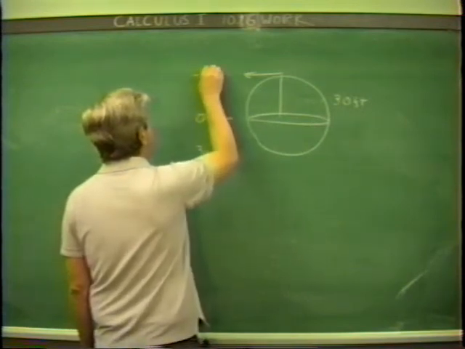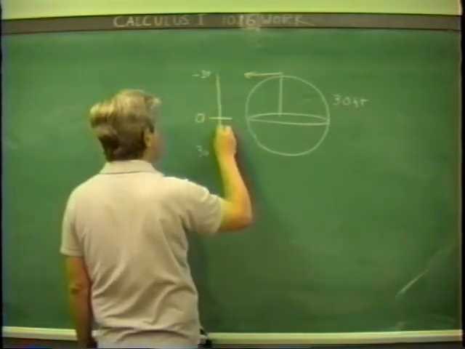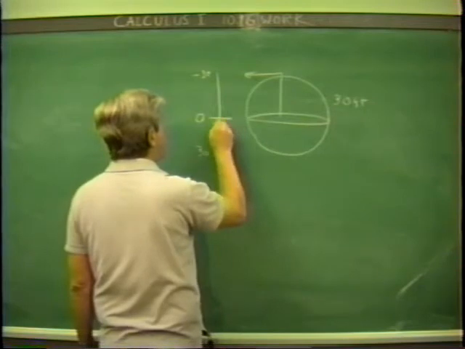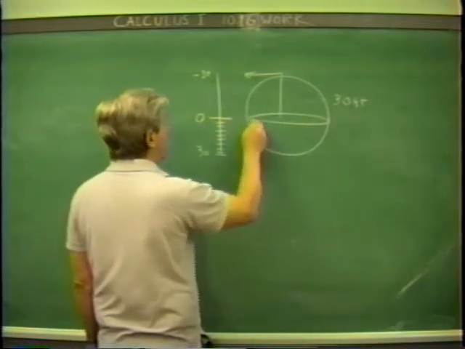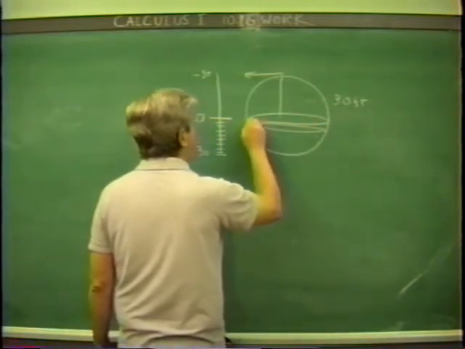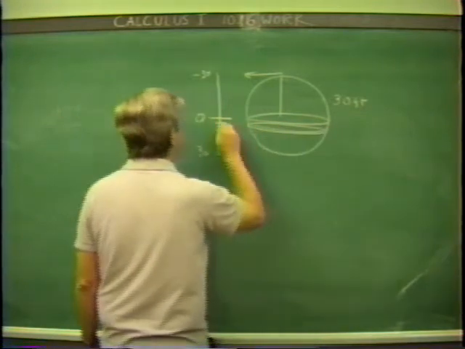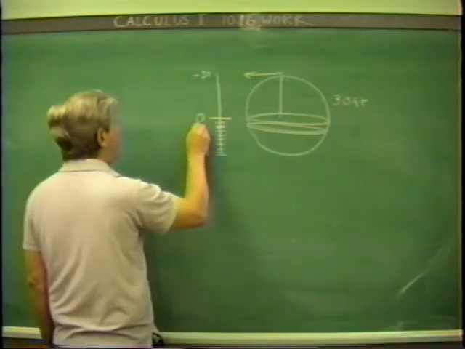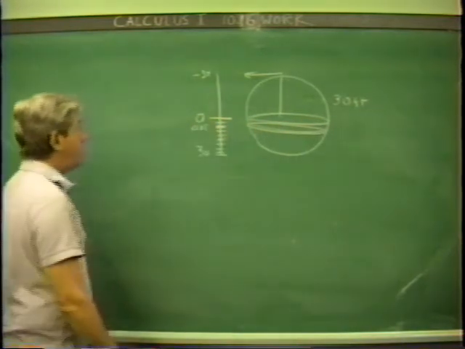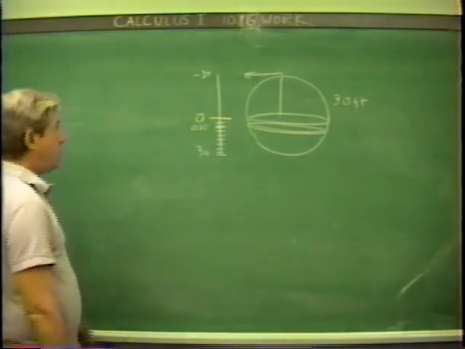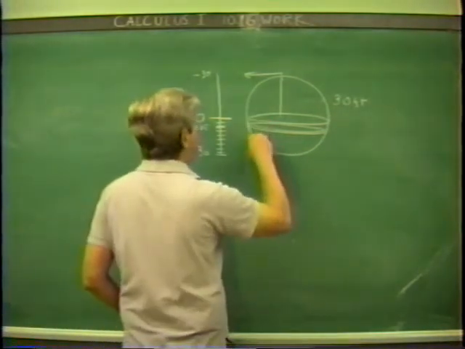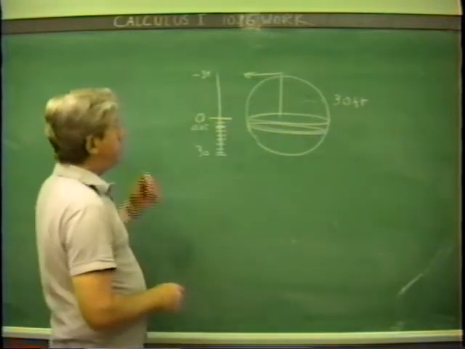Well, here, I think it's convenient to put a 0 here and 30 down here, and minus 30 up here, and partition the interval between 0 and 30. With an element in the partition, we're going to end up with a small slab of water. This is delta xi, the thickness.